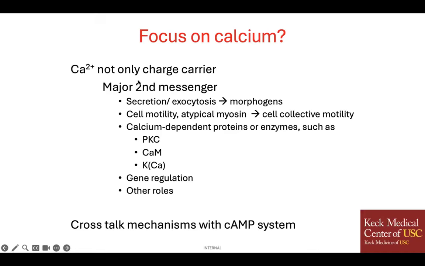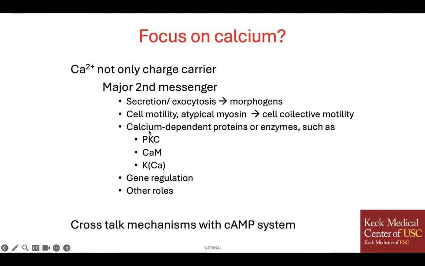And calcium is also found to play an important role in triggering cell motility, working through atypical myosins. And in the case of our functional syncytium, we can get whole collections of cells moving together, okay?